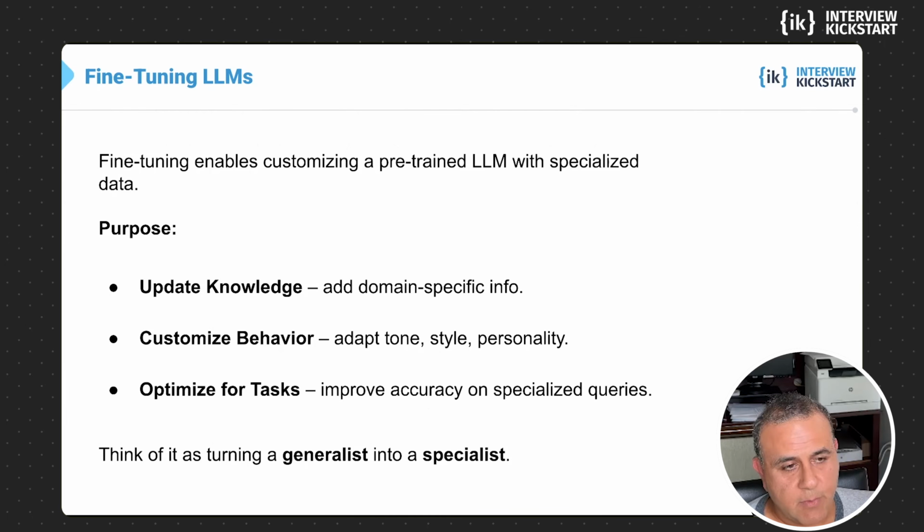We will take a look at a demo shortly, where we look at how we can fine-tune an off-the-shelf base model and make it more customized to a specific industry. You can think of fine-tuning as taking a model and turning it from a generalist, because these large language models are trained on such a large amount of data that they can talk about any set of topics, into a specialist.